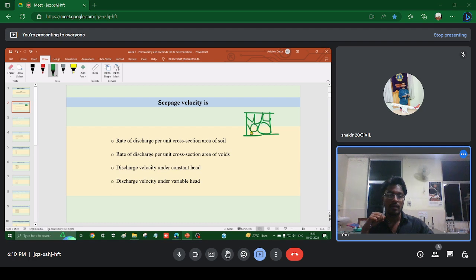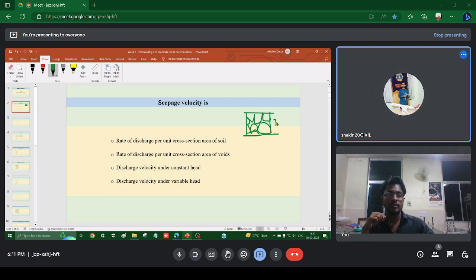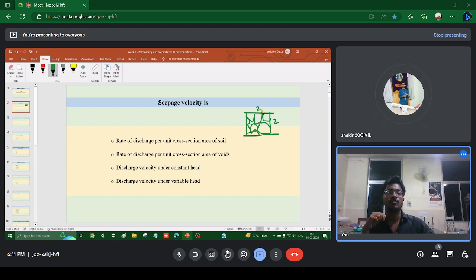Now, when we are considering the discharge velocity, what do we do? In the numericals, we take the entire cross-section area. If this is 2 and 2, we take the cross-sectional area in Darcy's law as 4 centimeter square, and then we solve the problems. That velocity is the discharge velocity.